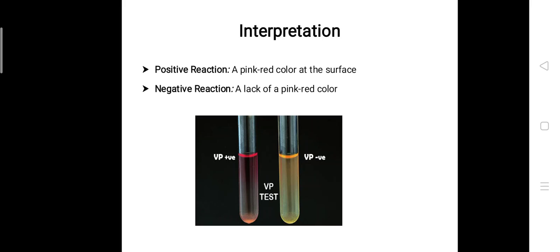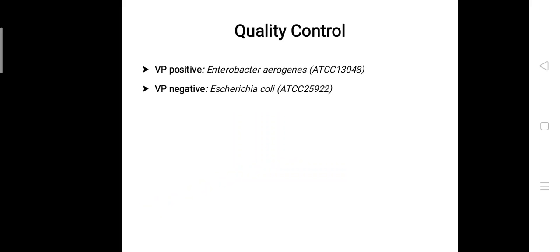In this case, you have to interpret your result as the given organism being a VP negative test.